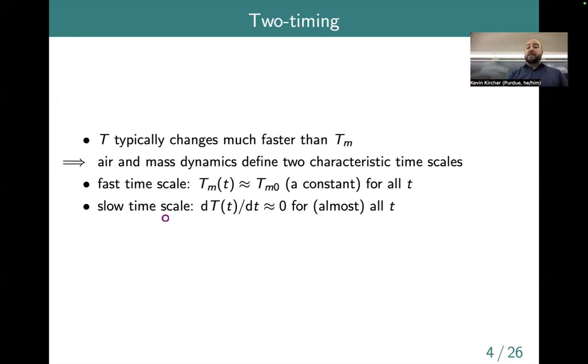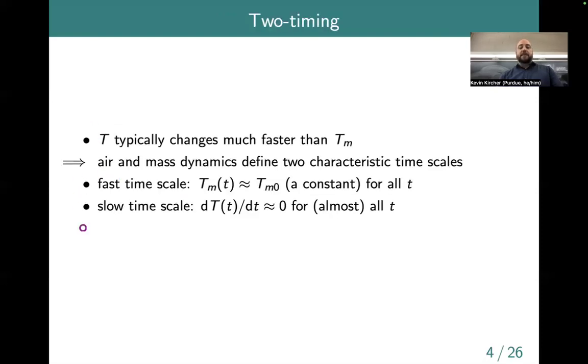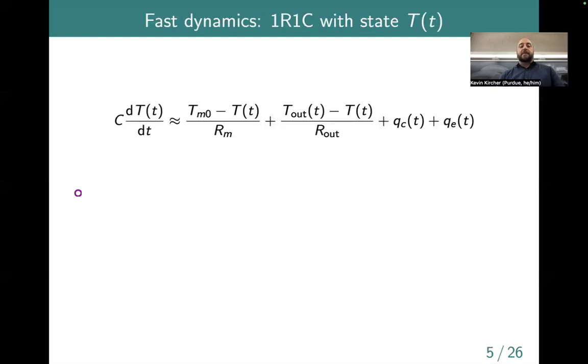And then over a slow time scale, so maybe we're looking at weeks or months, we might say the indoor temperature is approximately constant. And what we really care about is what's happening with that deep thermal mass temperature. So let's take these assumptions for these two timescales and plug them in and see what happens mathematically in our 2R2C model.